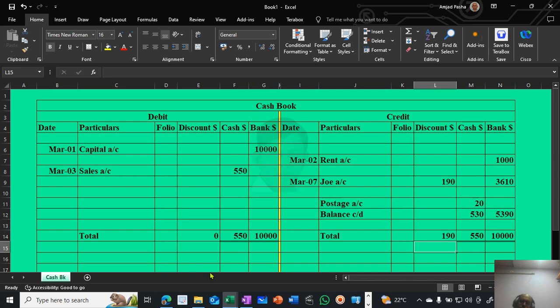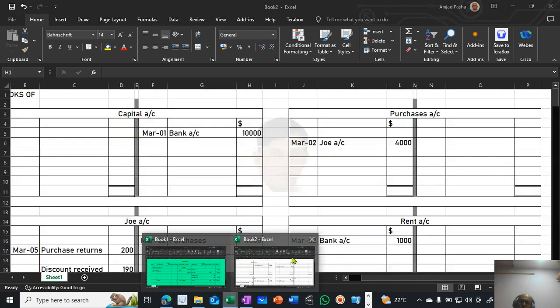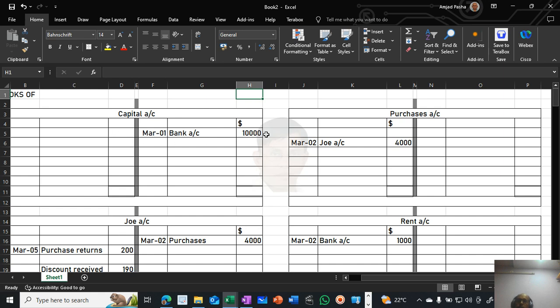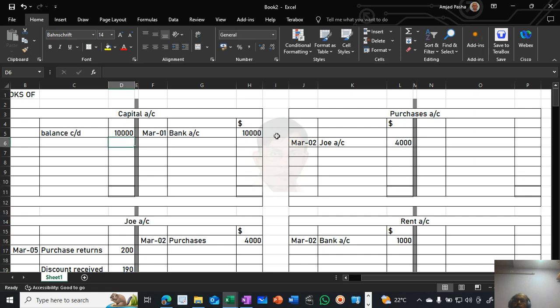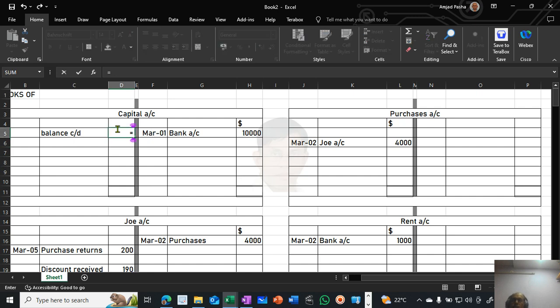So now we are left with the other accounts. What are the other accounts? Capital account. On this side the capital account is 10,000, so this will become balance carried down, 10,000, so that both sides are equal. How did you get this? 10,000 minus 0, because nothing was there on the debit side, so the same value will come.